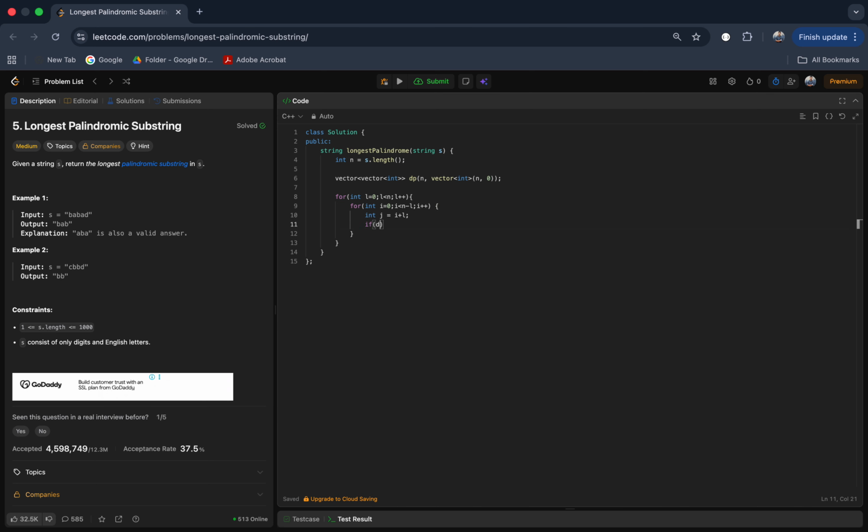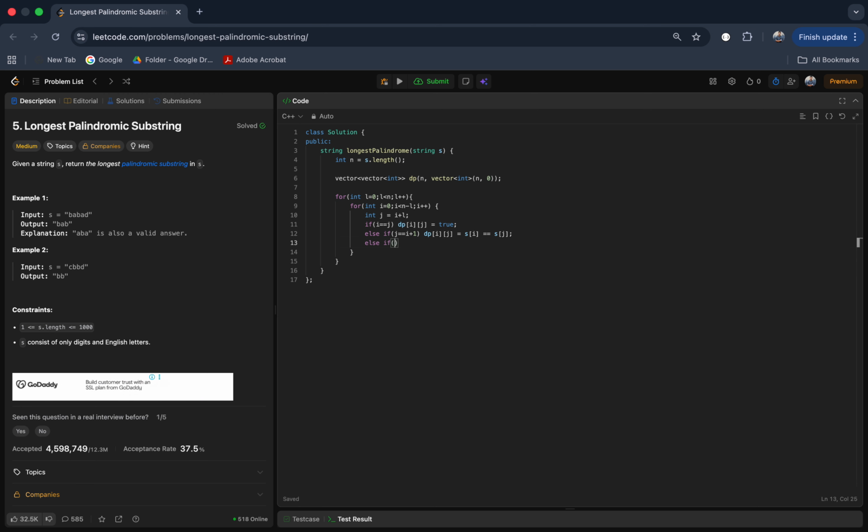And after that we need to have the condition where i equals j. Then here we will have our dp of i j equals true. Else if j equals i plus 1, that time we will be having i and j, so here s of i equal to s of j will give me the answer.